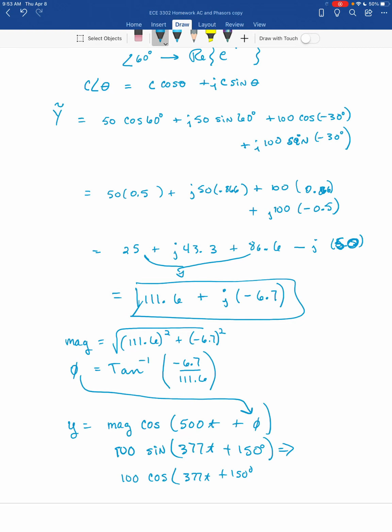So let me just look that formula up. Sine to cosine conversion. Just want a simple formula.